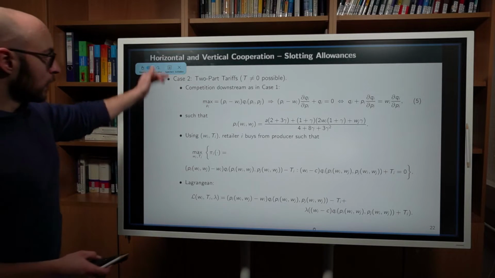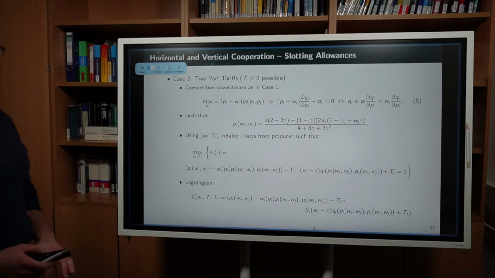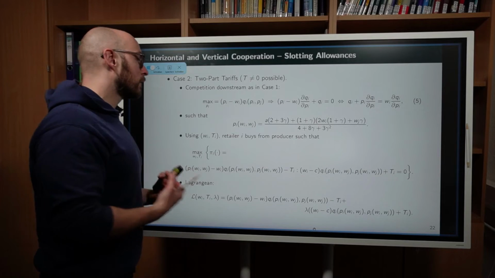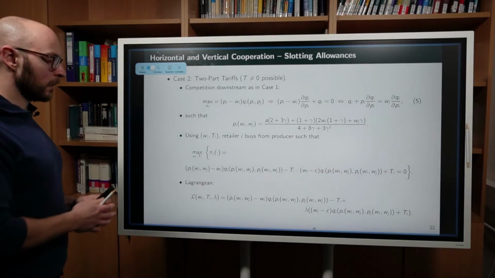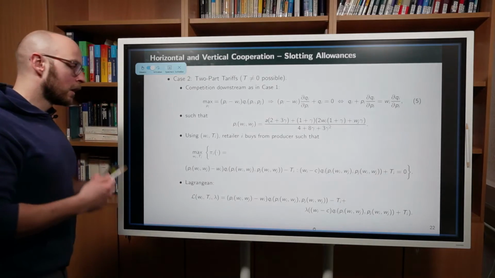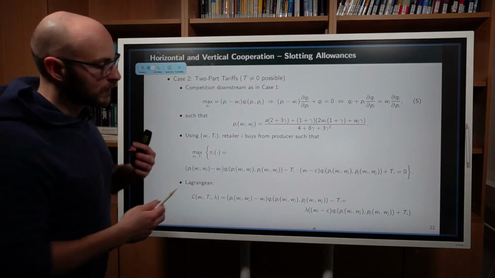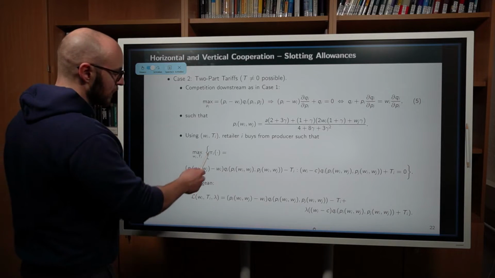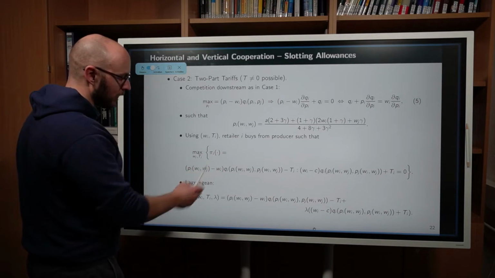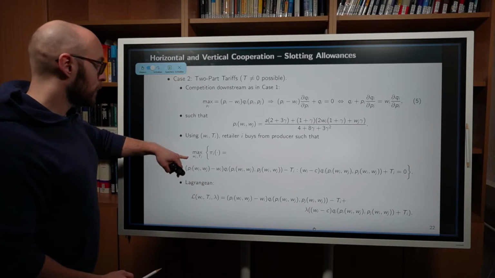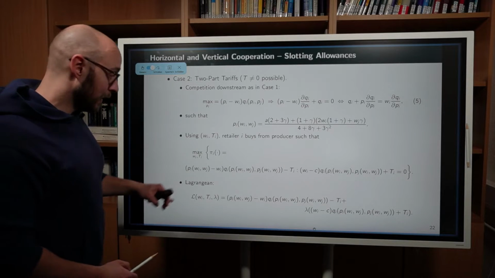Okay, now we move up to the first and the second stage of the game. So what does retailer I do? Well, it buys from the producer that offers him the most attractive terms. What does this mean? Well, it looks almost similar to before. So each retailer maximizes its profits, now not only with respect to the wholesale price Wi, but also with respect to the fixed fee Ti.